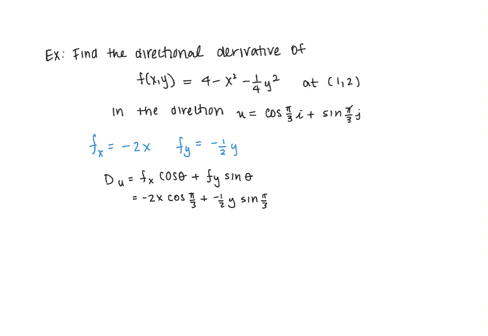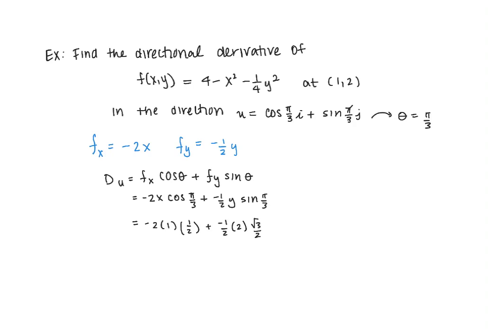I went ahead and plugged in theta because I know the direction right now. You could also think about it as the direction is pi over 3, whichever way you want to think about it. And now I can plug in x and y and evaluate cosine of pi over 3 and sine of pi over 3. So negative 2 times 1 times 1/2 plus negative 1/2 times 2 times root 3 over 2.